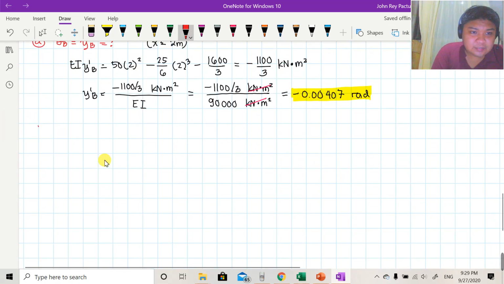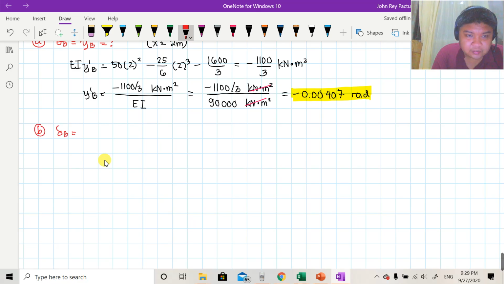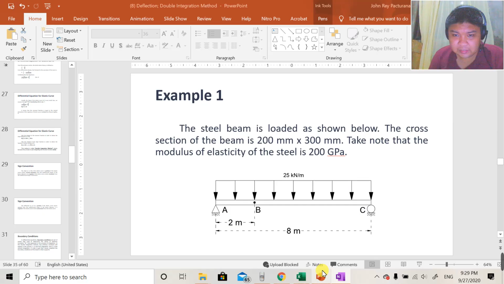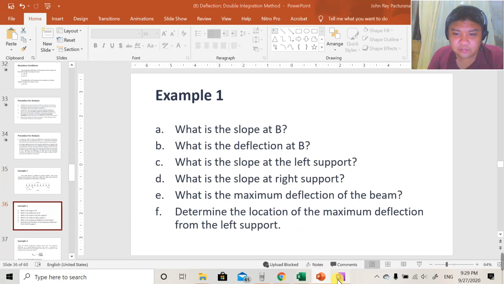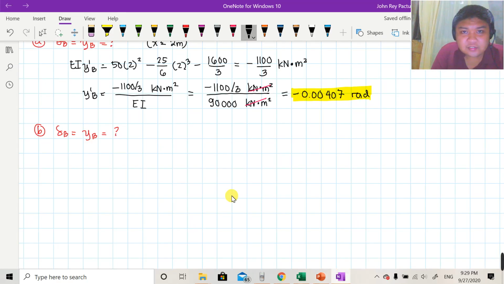So, letter B, ang next na question class is yung deflection daw sa B, which is equivalent lang naman yun sa YB. Diba? Kasi kung babalikan mo yung tanong, what is the deflection at B? And of course, gagamitin pa rin natin class yung same value ng x. Ang x natin is equal to 2 meters pa rin. So, balikan natin, EI YB na lang. So, ano ba yung EI YB?